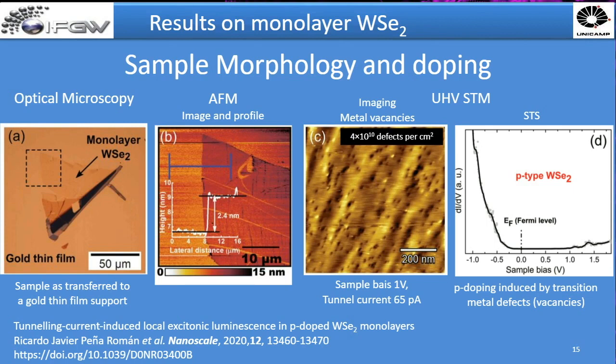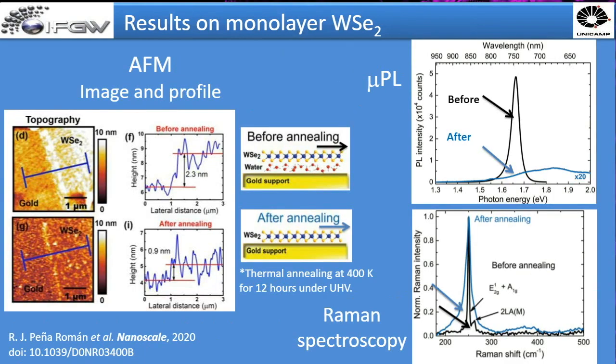But then we tried to look at the luminescence of this sample inside UHV, and we had a very hard time getting it to emit light, and we tried to understand why. And we observed that before making this annealing in UHV to clean the sample for the STM, it was emitting light very well. So before annealing, we saw this photoluminescence emission, and after we saw this.